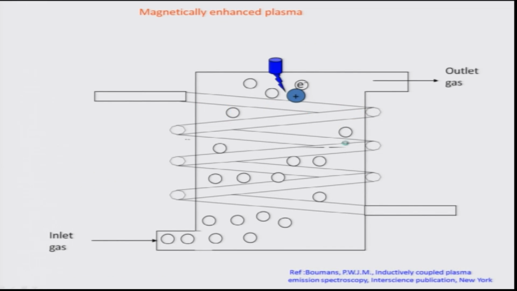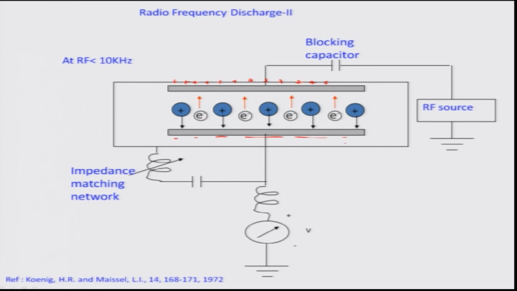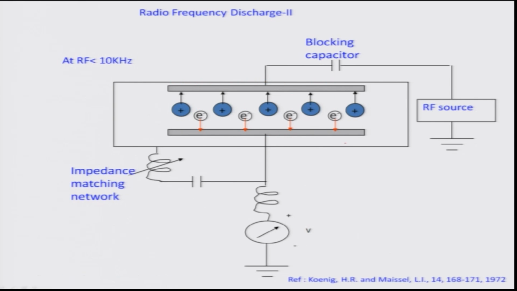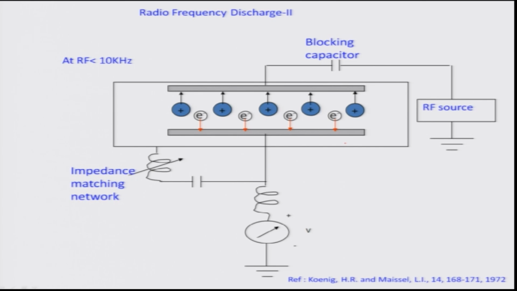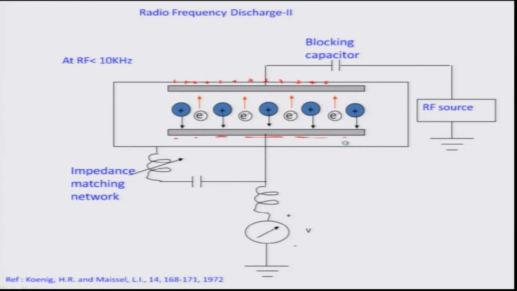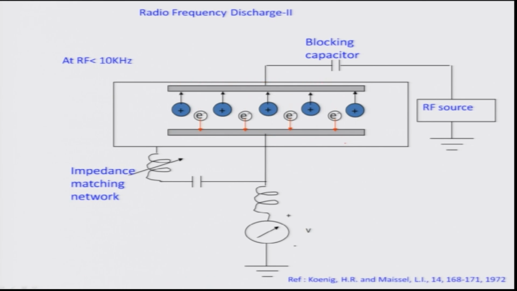This keeps on happening at a certain frequency. In one instance, for example, there is an electron moving up and an ion moving down, and in another instance it is the other way around, and this keeps on happening based on the frequency of the RF source.